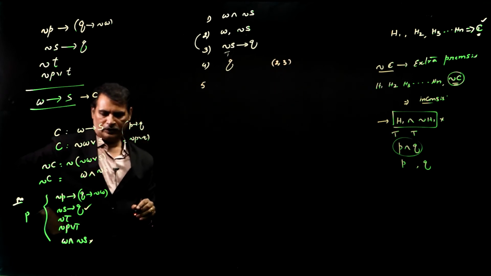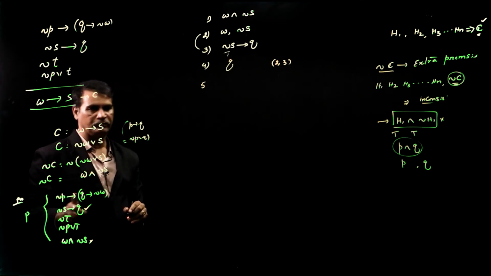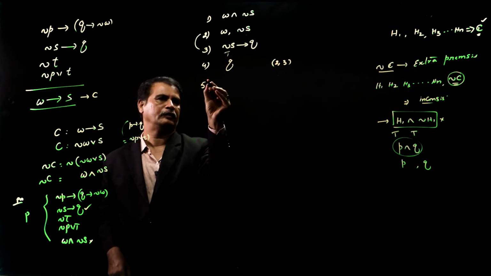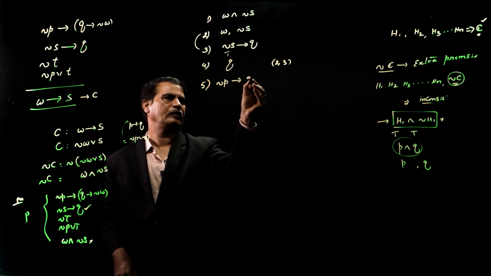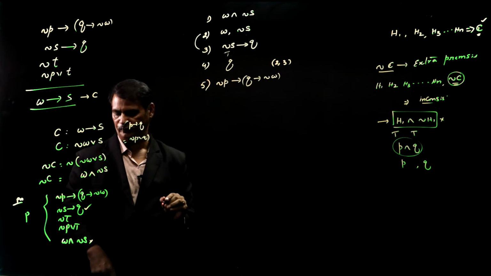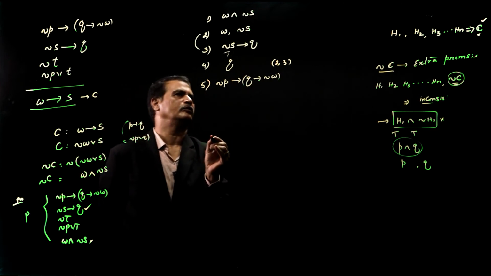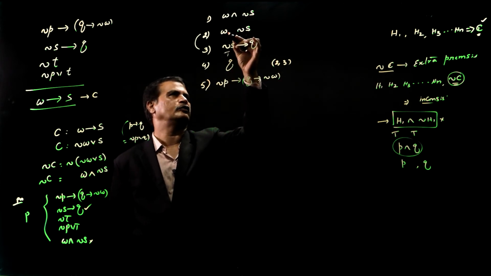Next, you consider the next term, negation P implies Q implies negation W. In this one, you know the value of Q is true and W is also true.